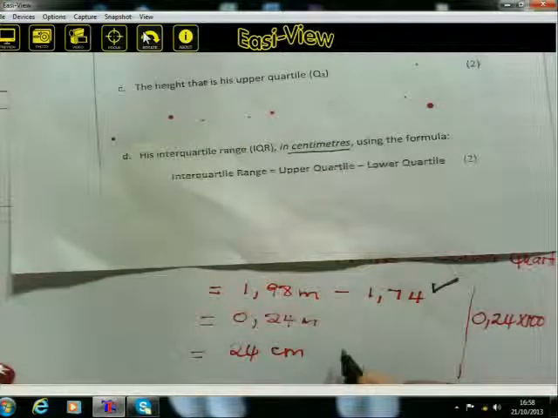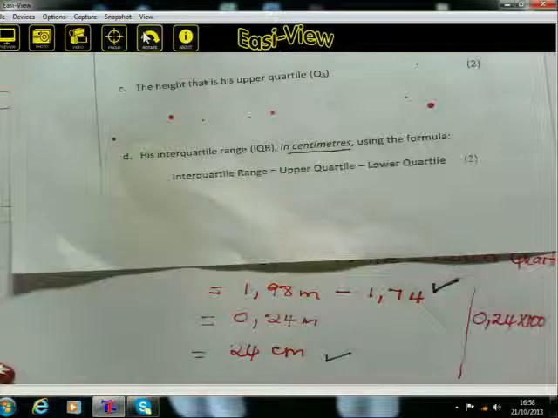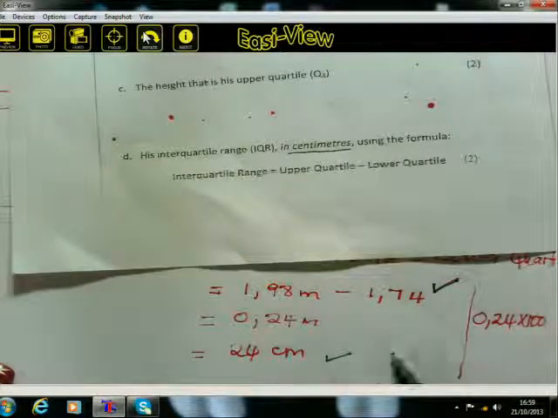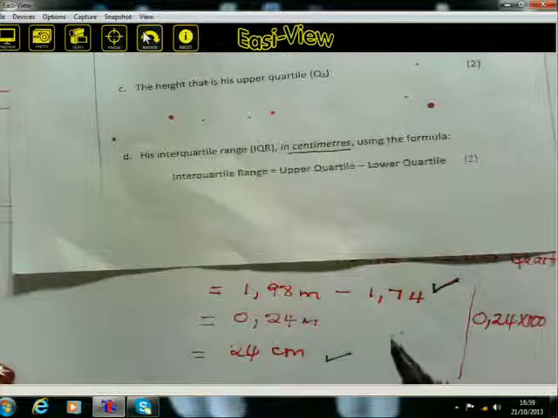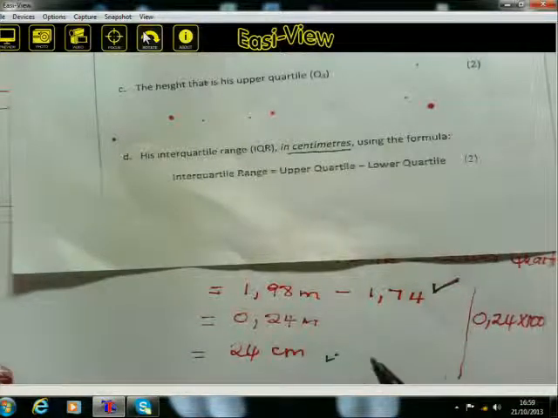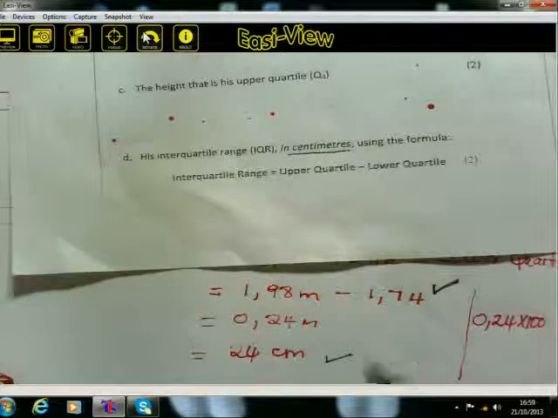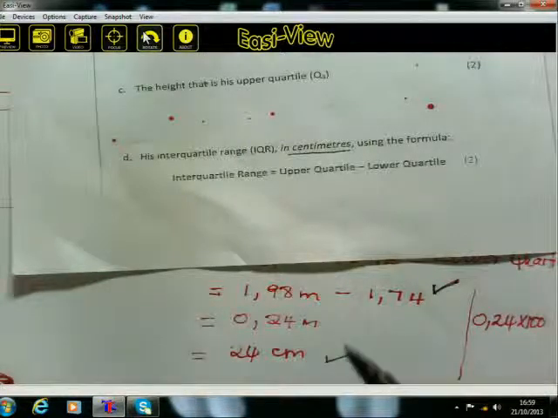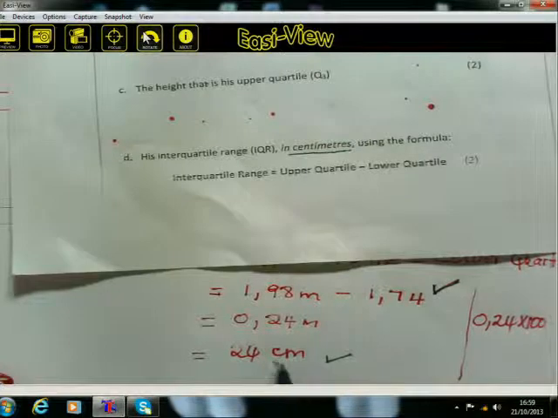So the requested number is 24 centimeter. If you leave your answer here, you are going to lose a mark, because you have been doing mathematical literacy since grade 10. It means that you are familiar with converting the units. So you don't have to forget. They are going to penalize you if you leave out a unit.